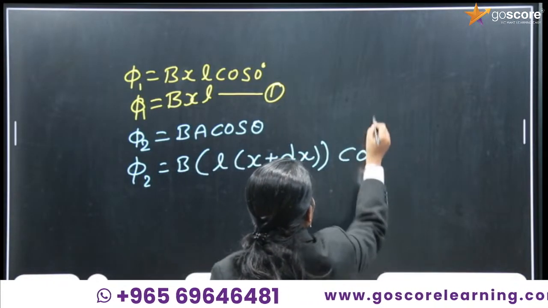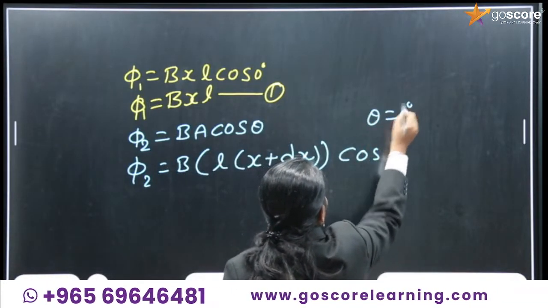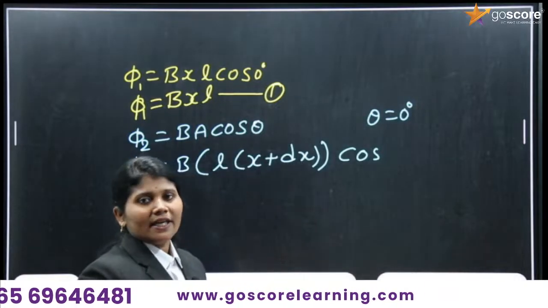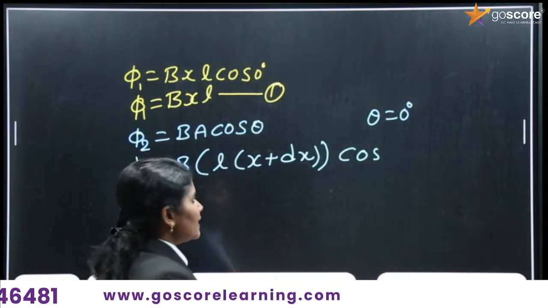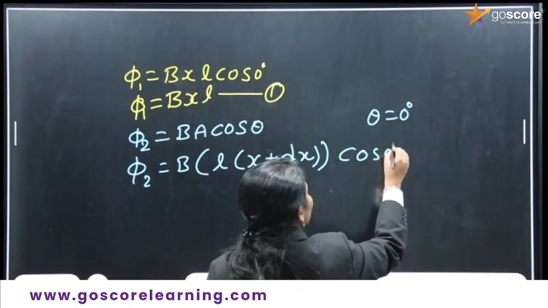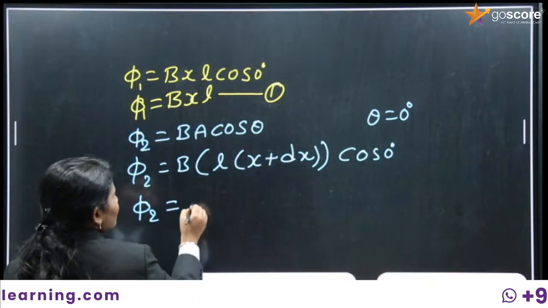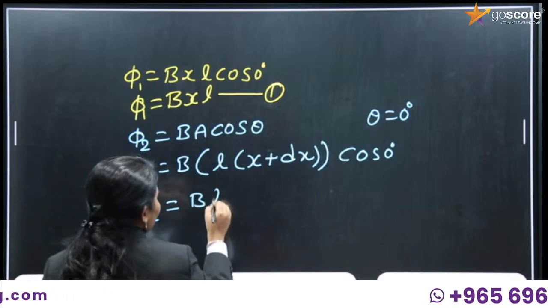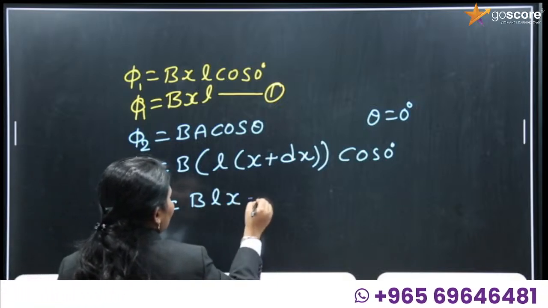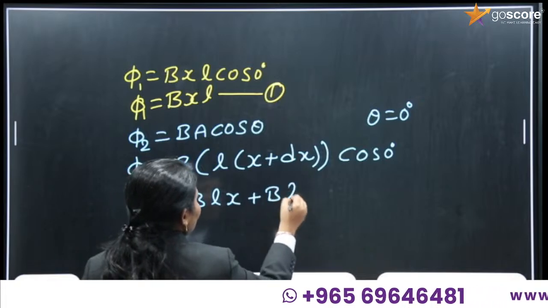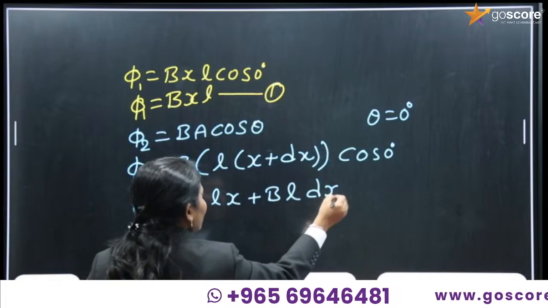Cos theta here I am considering 0. Why? Magnetic field and area are both parallel, that's why theta is 0. Then phi 2 is equal to B L X plus B L dx.